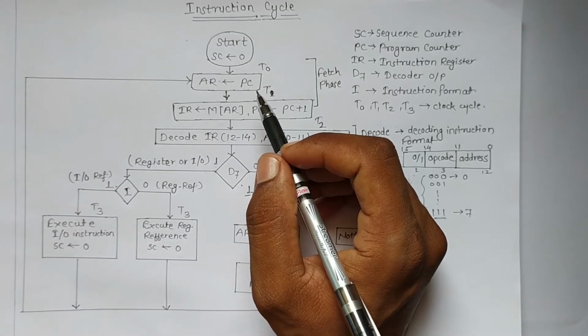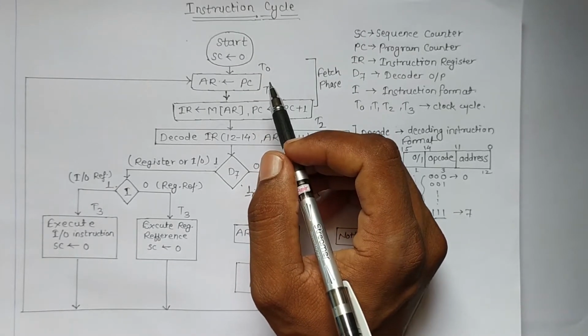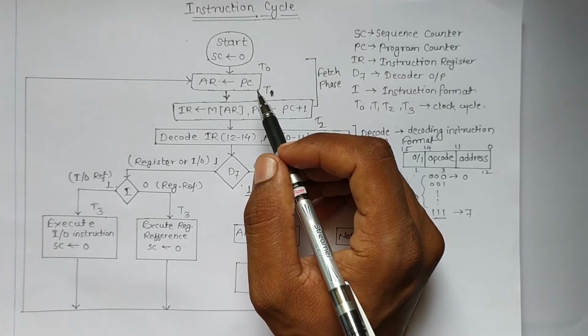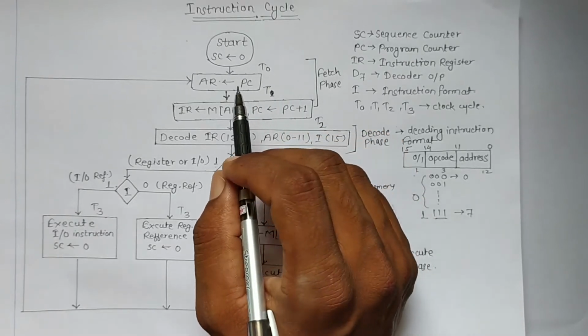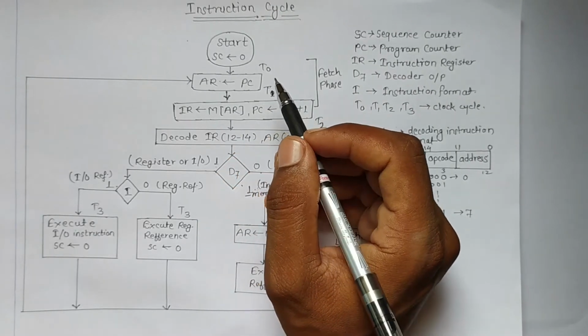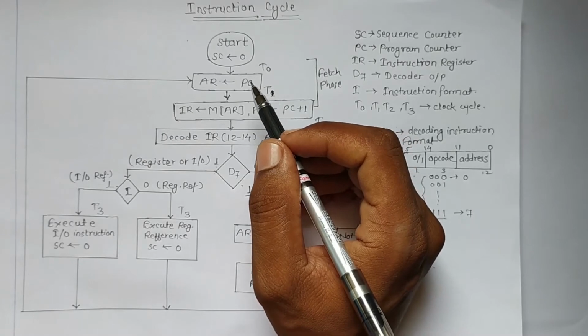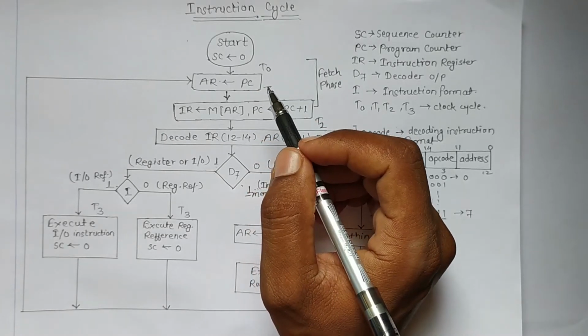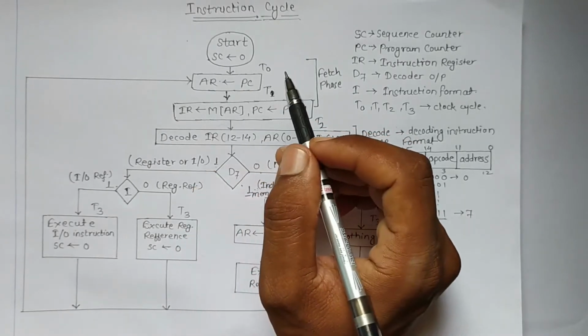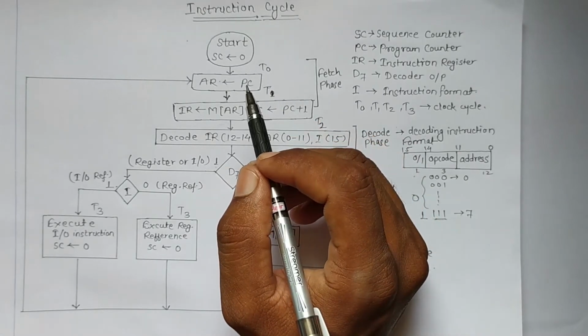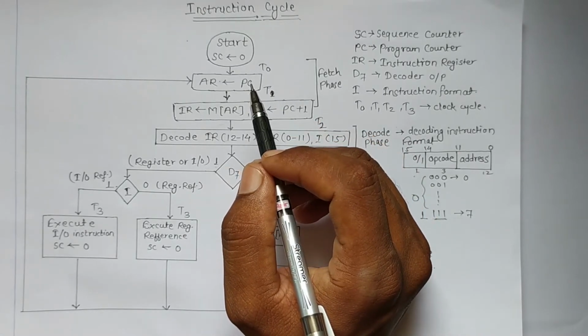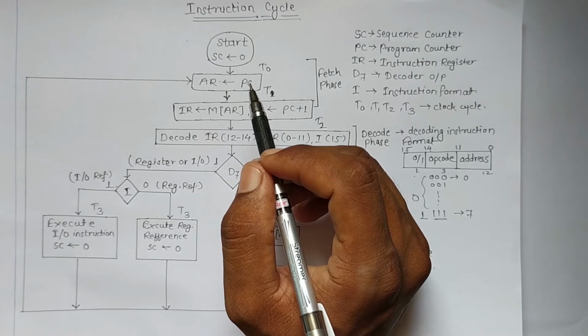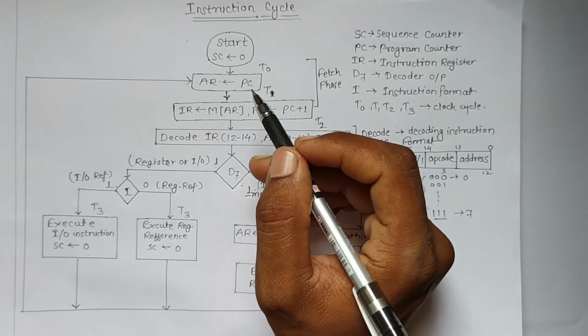The program and the data are both stored in memory in different memory locations. For the execution of the instruction, a microprocessor fetches the instructions one by one from the memory, then decodes them and executes them. The time taken for the execution of an instruction is called the instruction cycle.